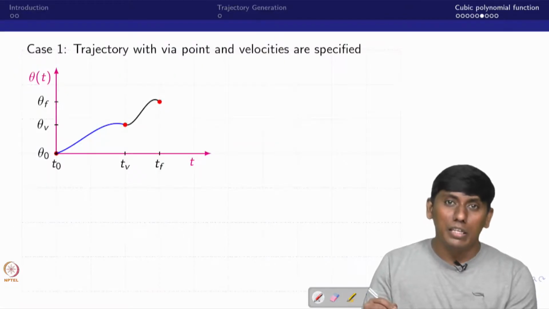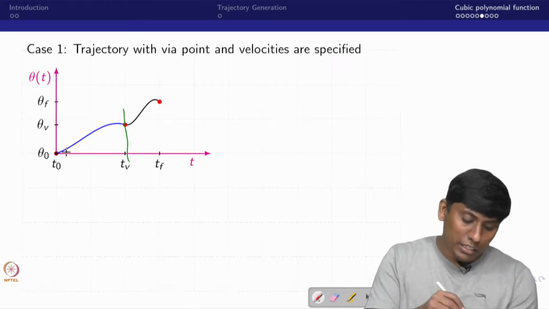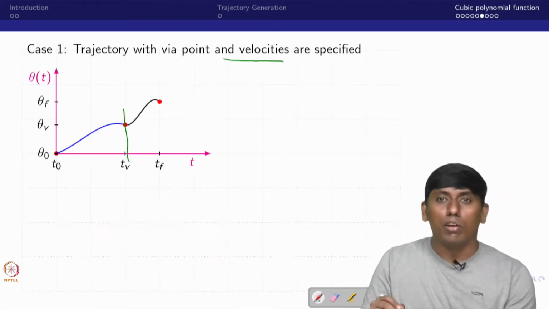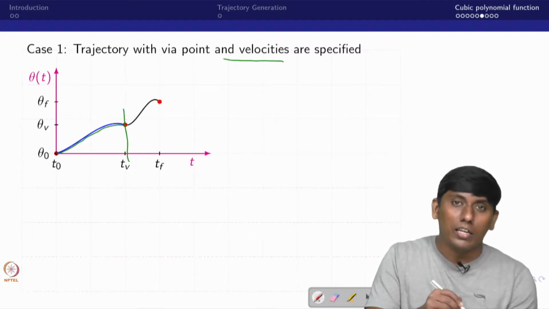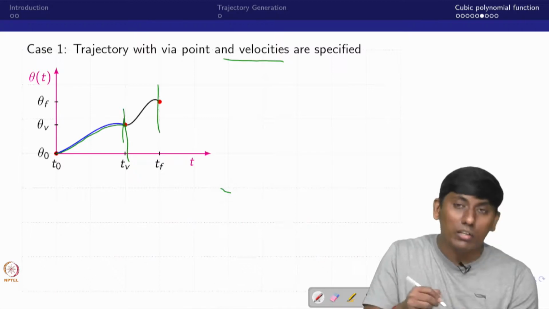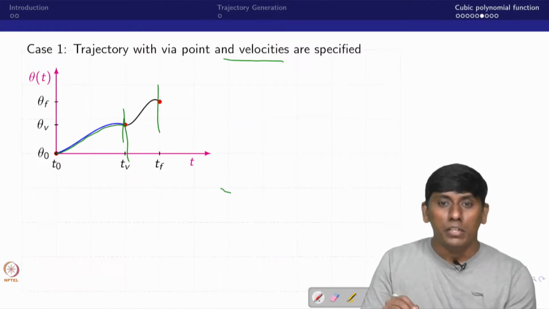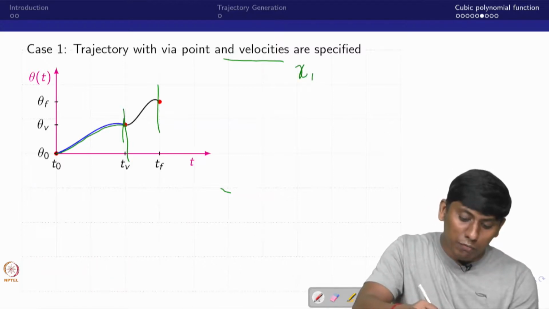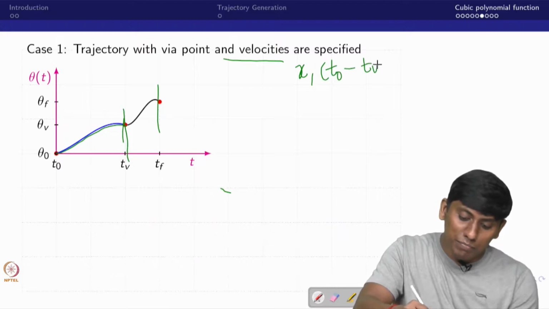So we take the via point segment. We take the first one with the velocity specified. It is solved as an independent cubic polynomial, and the second is solved as another independent cubic polynomial. So you have the first set of equations, T0 to TV, and the second segment is TV to TF.